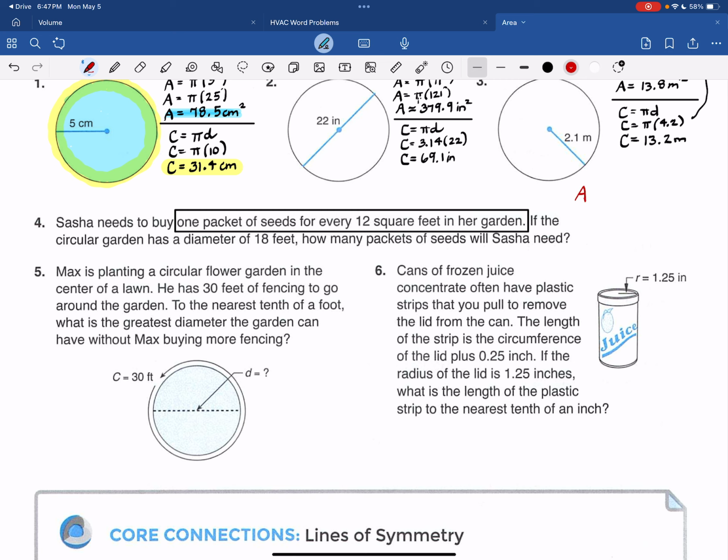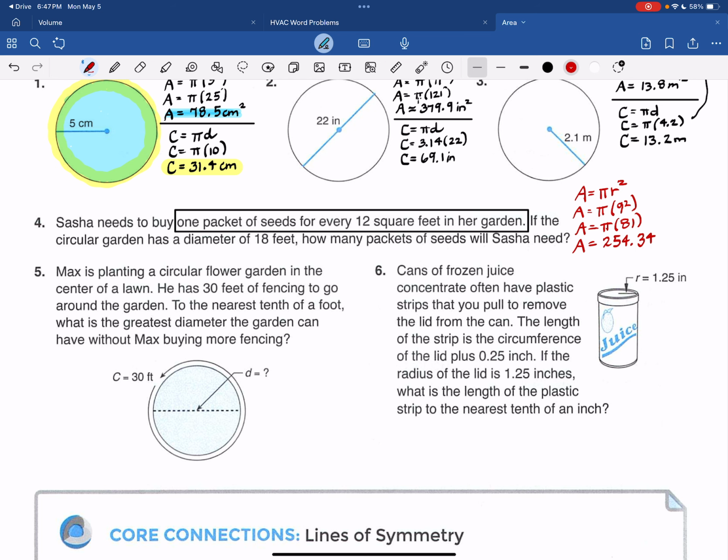So area of a circle is pi times the radius squared, or pi times 9 squared, or pi times 81, or approximately 254.34.